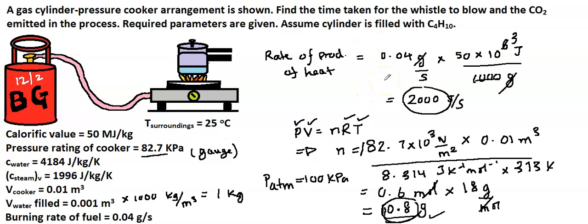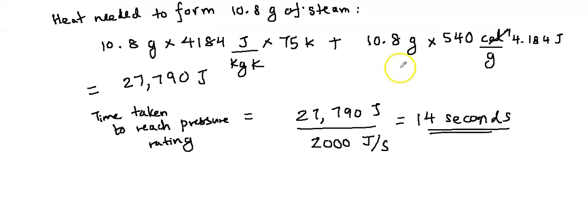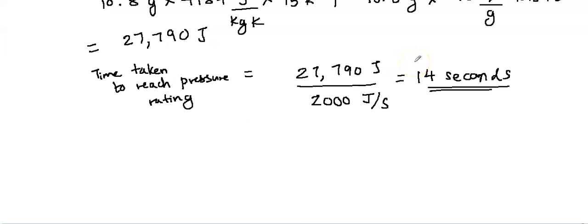And the CO2 emitted in the process. Okay. So this would probably require a bit of. So there's butane in the cylinder, right? C4H10. That is going to be reacting with oxygen.